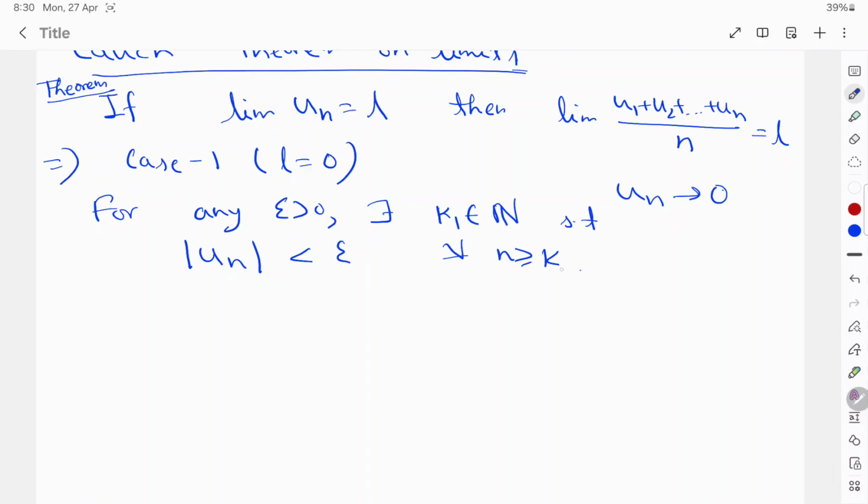Okay, you are writing k1. Fine. Now whenever you have this type, okay, un is also convergent, so un is bounded also, right? Because a convergent sequence is bounded, this proof we have done maybe in your second or third classes.